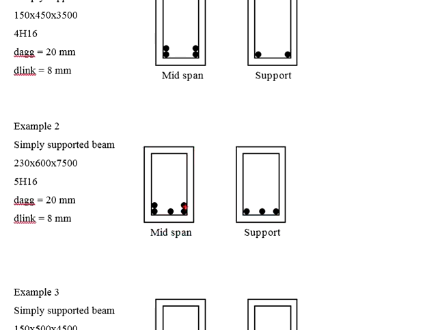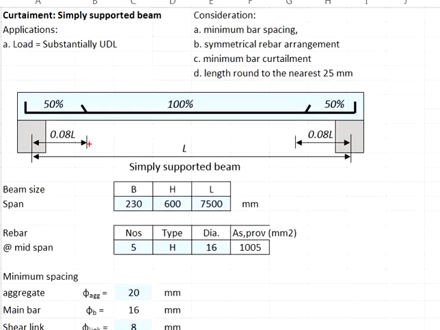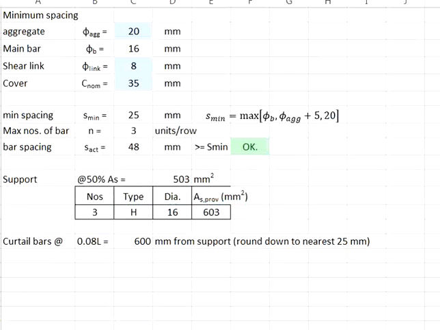In other words, these 2 bars shall be curtailed, and the location of the curtailment will be at 0.08 times the effective length. Taking 0.08 times 7,500, your curtailment location will be 600 mm.